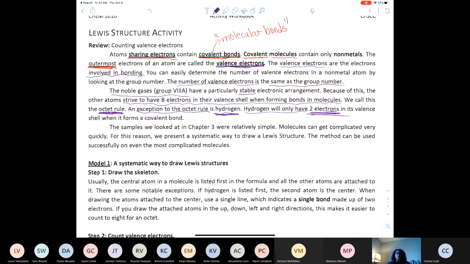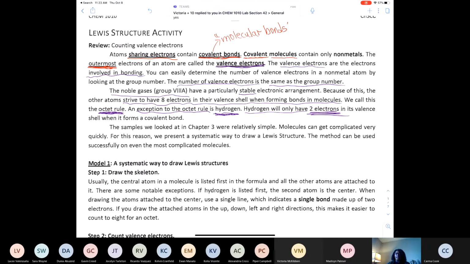I'm not sure when you stopped being able to hear me, but I used the oxygen atom as an example of explaining what valence electrons are. And I also went through talking about the Octet Rule. When two nonmetal atoms come together to form a covalent bond, they share electrons.